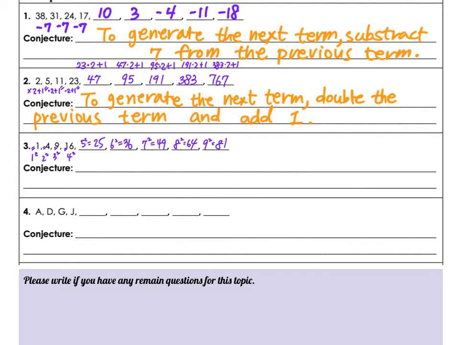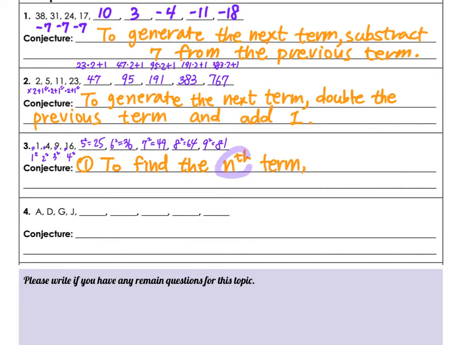So the first conjecture to generate the next term is to square the number, right? So the first conjecture is to find the nth term.